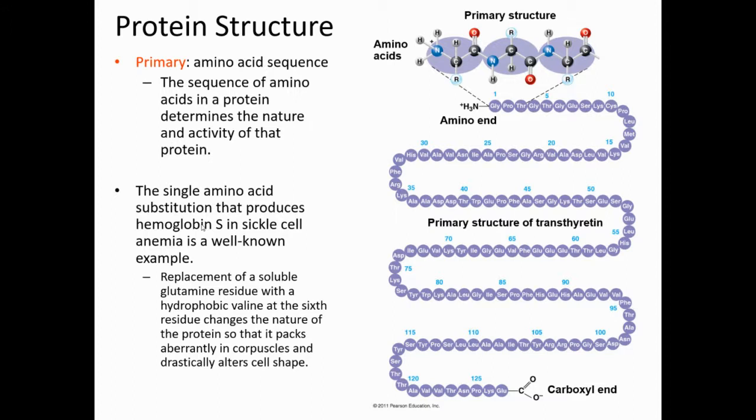That's a primary structure, as you can see here, from the N-terminal amino group to the C-terminal carboxyl group. This is just like a DNA: you have a 5' end, and then this will be like a 3' end. And the sequence of amino acids, these will be the primary structure.